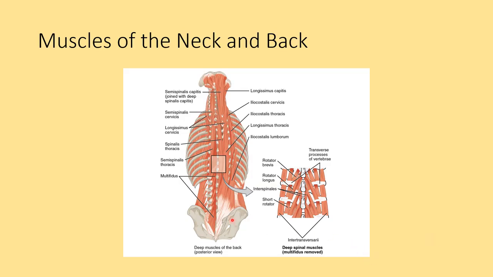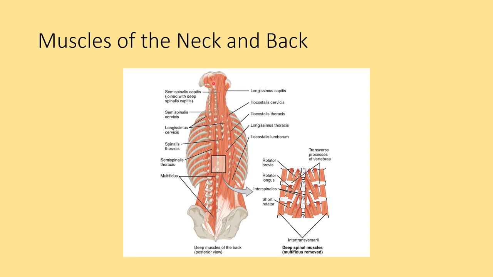On the back, once again, looking more deeply, removing those layers, look at how long some of these muscles are as they extend all the way from the lower part. They attach to the lower part of the vertebral column and extend up all the way through your lumbar, through the thoracic area, all the way up to the cervical area.